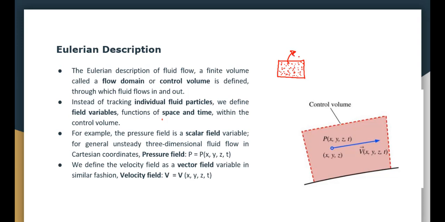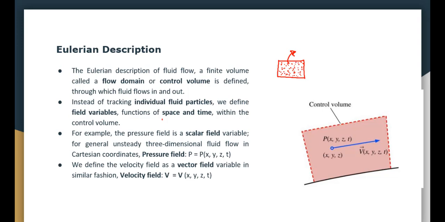If we want to find the pressure, then we have to find the pressure of each particle, and there are millions of particles inside it. So we have to know the nature of each and every particle if we are dealing with the Lagrangian approach. But in the case of the Eulerian approach, we need not worry about the individual particle.